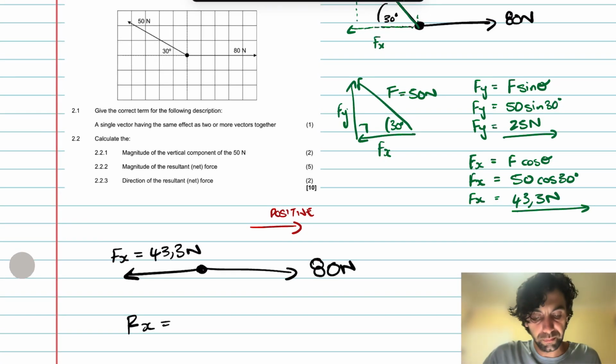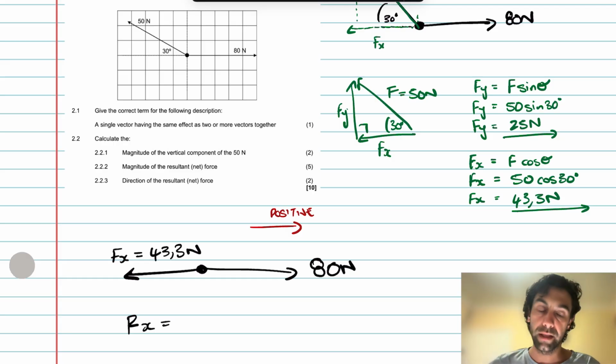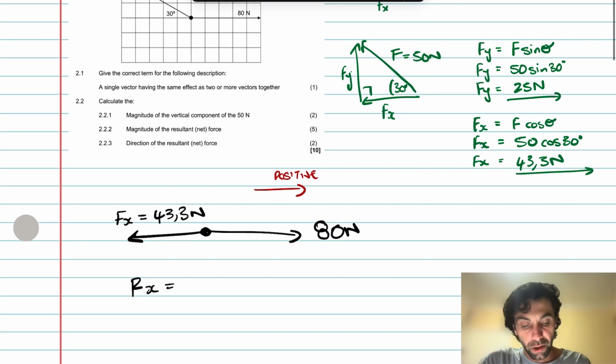You can do the opposite if you want. Sometimes in physics it helps to make down positive, but generally we like to take to the right as being positive and going up as being positive. So that means that we have 80 newtons minus 43,3 newtons.